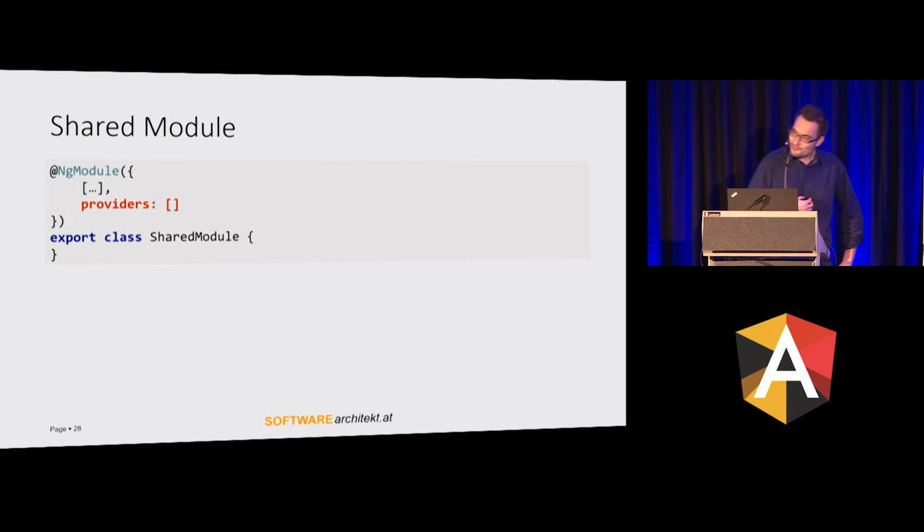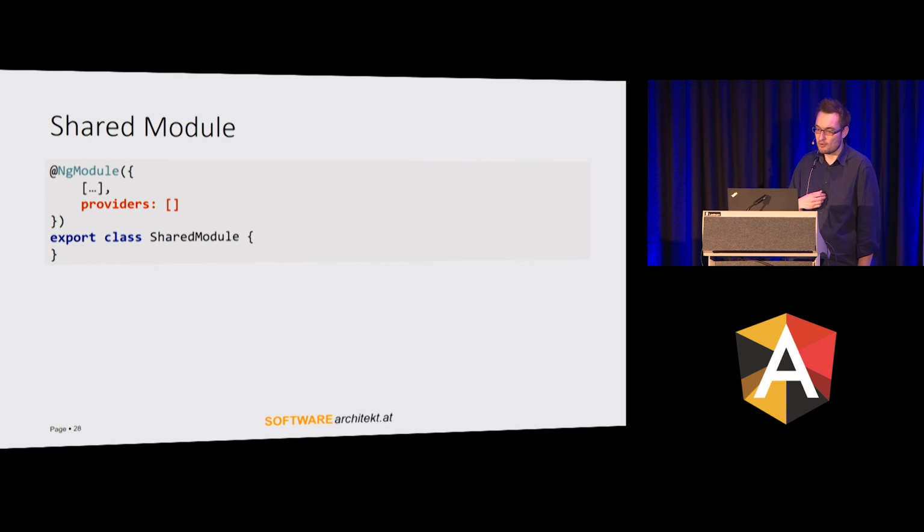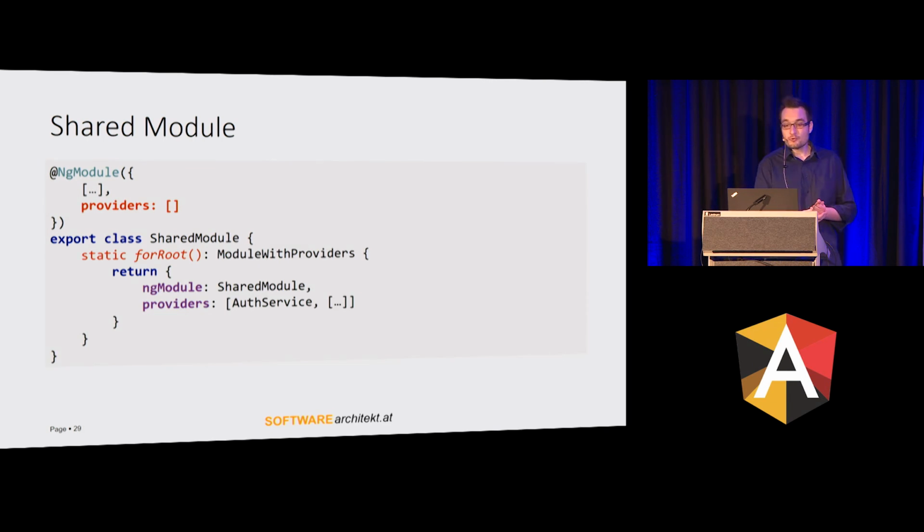Okay, what do we have to do when we want to use this pattern? We just have to provide a shared module without providers, without setting up services. In this case, I just made this clear by setting the providers array to an empty array. And then we have to extend this module by a method that is normally called forRoot. This method is intended for the root module, and this method is returning a ModuleWithProviders object.